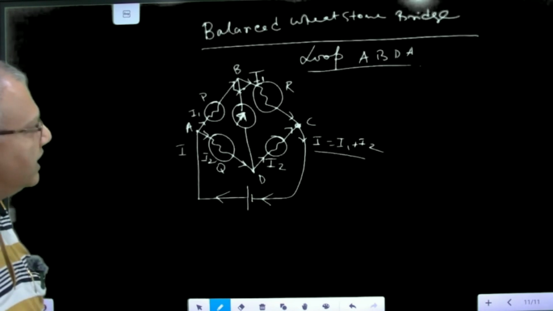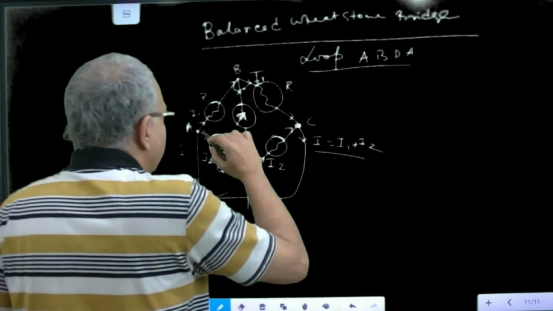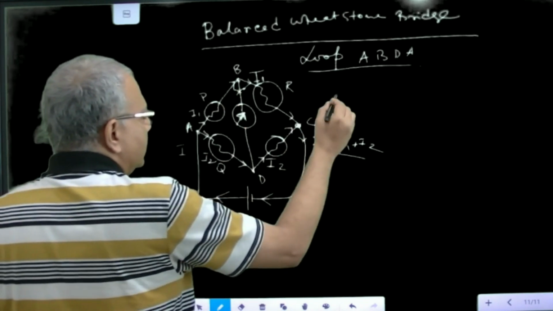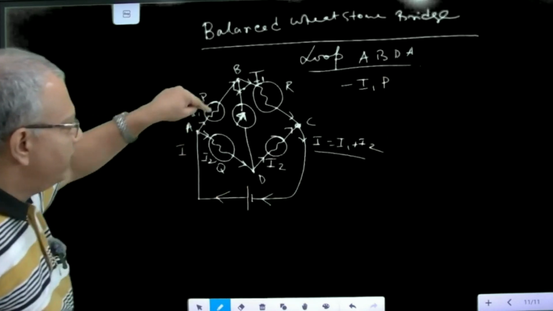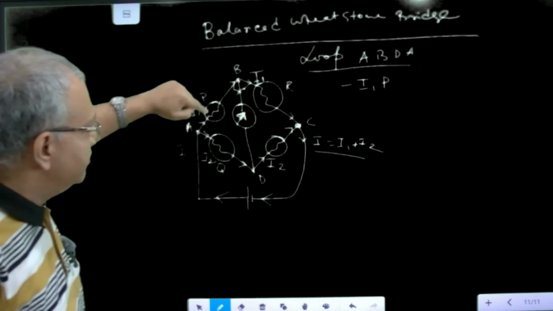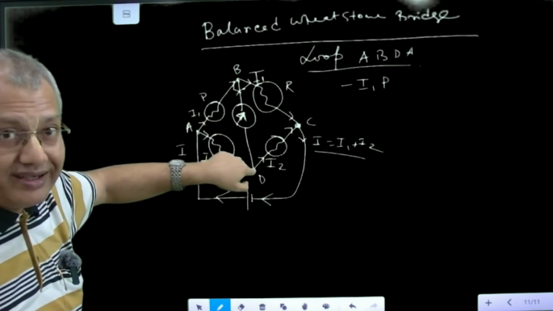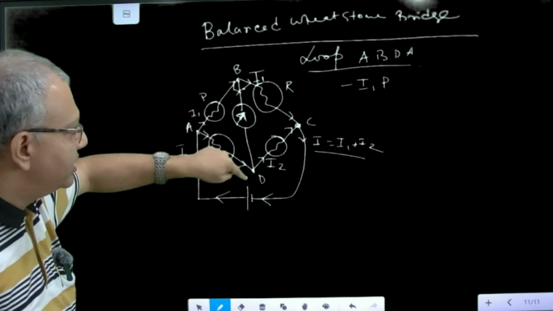Now if I take the loop A, B, D, A, what can I write from here? From A to B, minus I1 into P, because we have moved in the direction of the current, therefore the voltage drop is negative. Then B to D, there is no current, so the voltage drop is 0.